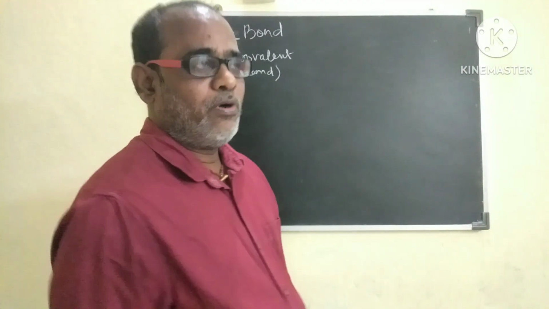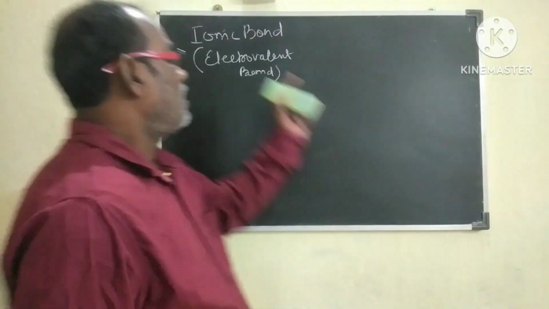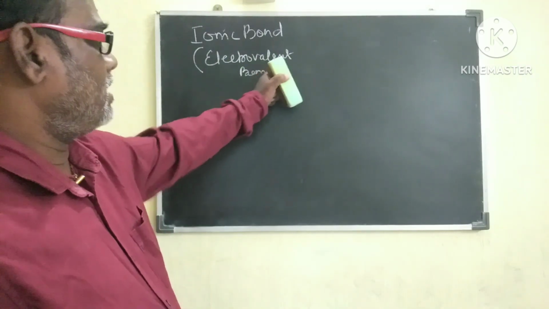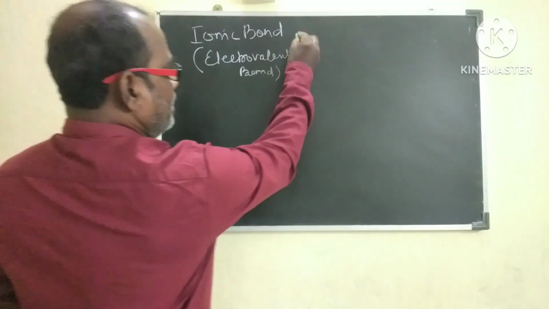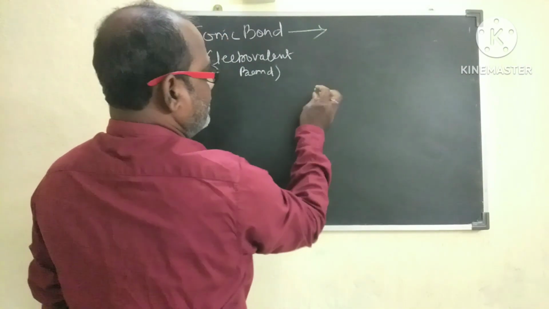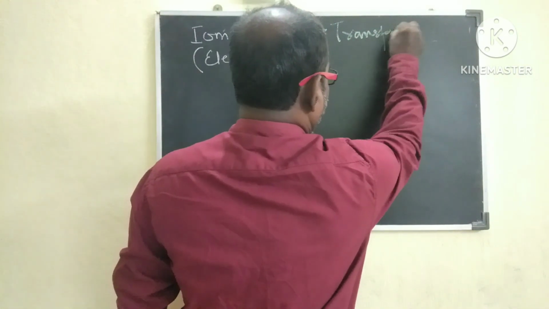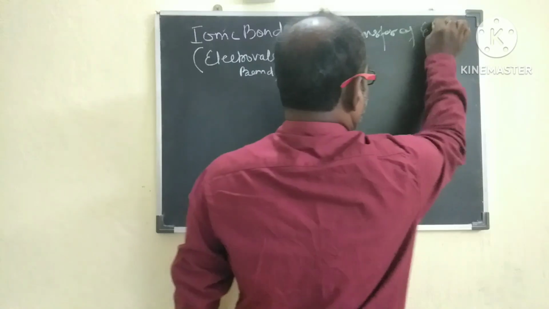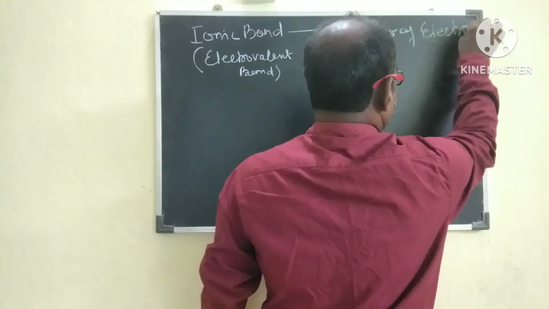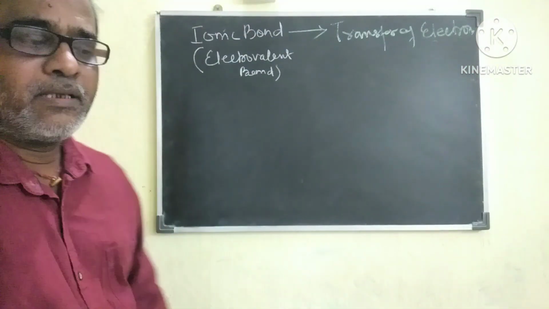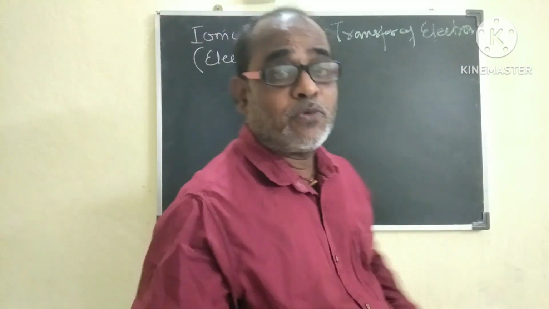The very first bond in your chapter is ionic bond, or we can say electrovalent bond. So what is ionic bond? Just now we have read that it is a transfer of electrons. Now the question arises, the transfer of electrons is from where?